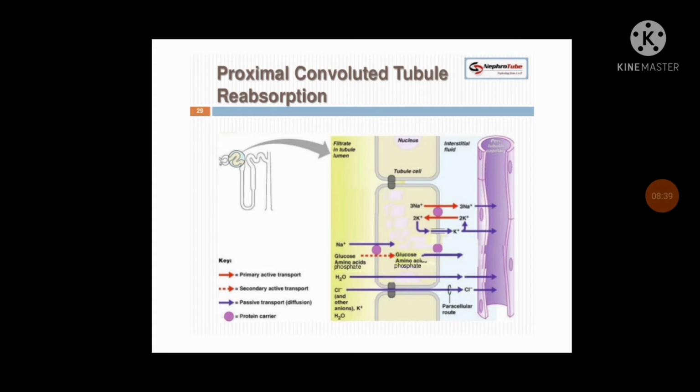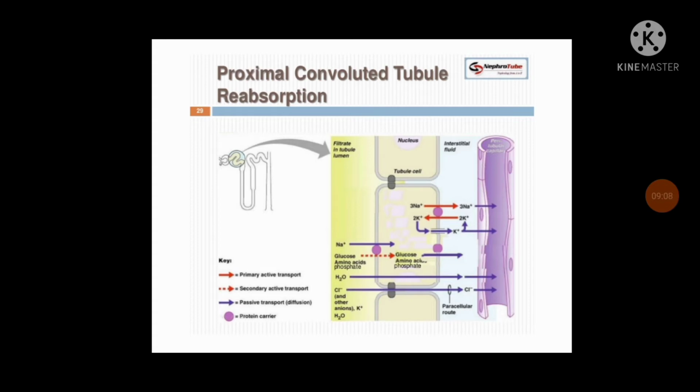Also, sodium can be reabsorbed by the paracellular pathway, which happens in the later part of the proximal convoluted tubule. With that, chloride and some amount of potassium and water are reabsorbed by the paracellular pathway in the later part of the proximal convoluted tubule.